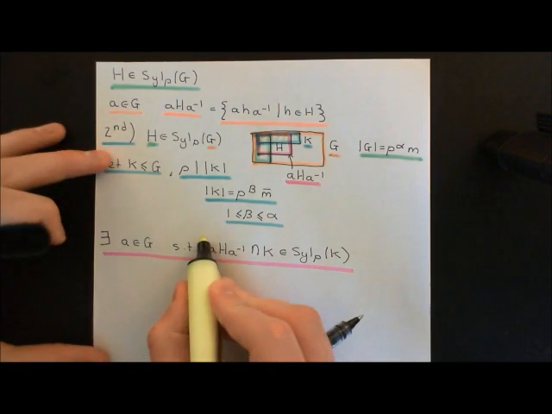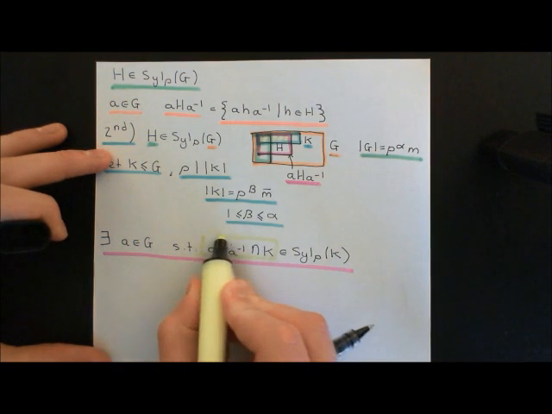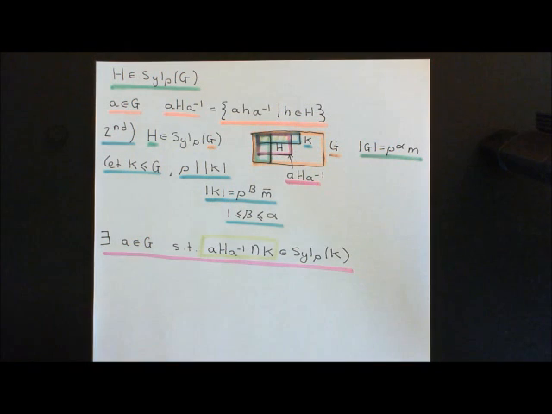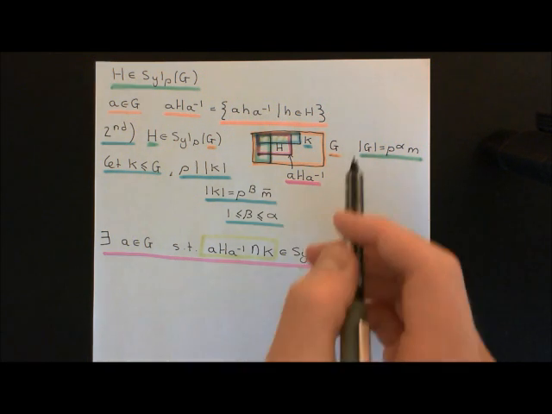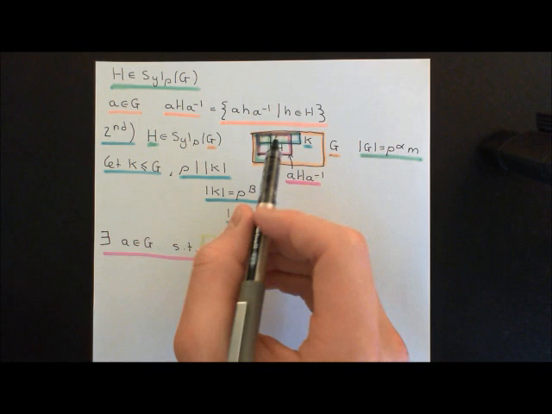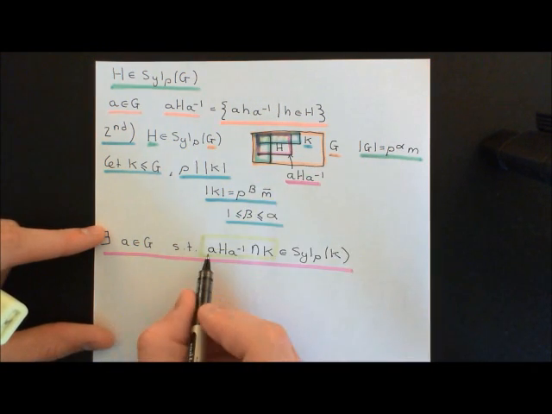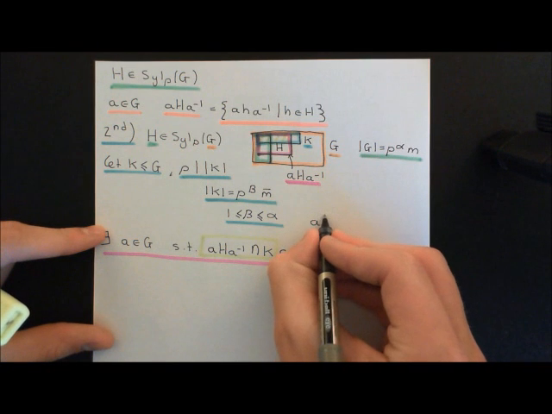So there it is in yellow, and this is going to be a subgroup of capital K. We've discussed in a previous video in this playlist on group theory that whenever you intersect two subgroups, you end up with another subgroup of the group capital G, but this is contained within the subgroup capital K, so in fact this is going to be a subgroup of capital K.